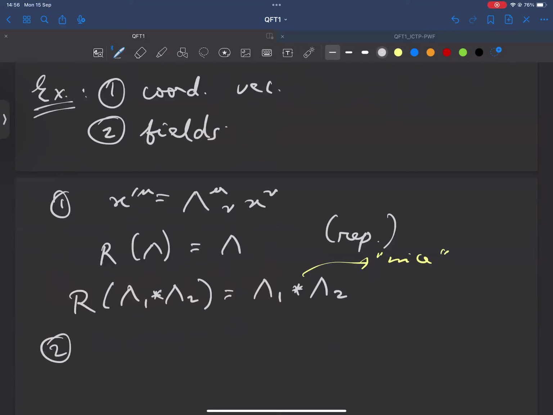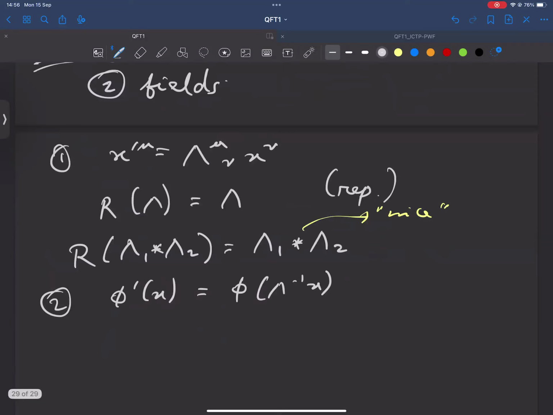Now on the fields, let's define something like this, that phi prime, we know that phi prime was phi of lambda inverse x, right? So we saw how the elements of the Lorentz group acted on scalars. So what does this mean?